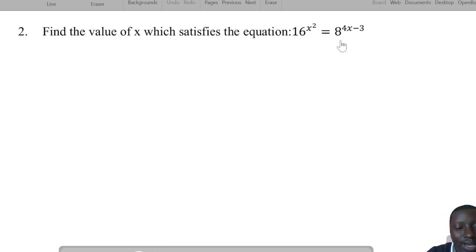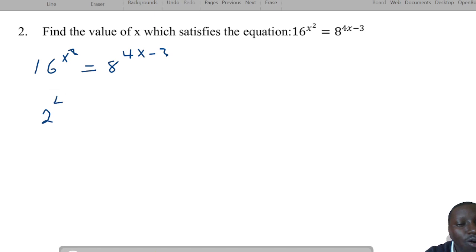And now we can simply write what we have said here: 2 to the power of 4, then x squared, and this one is equal to 2 to the power of 3, and there we have 4x minus 3.